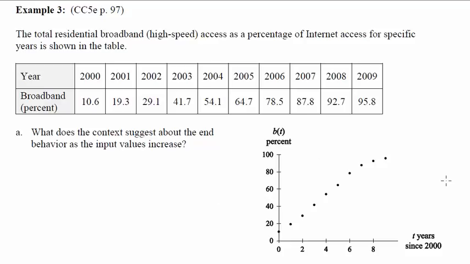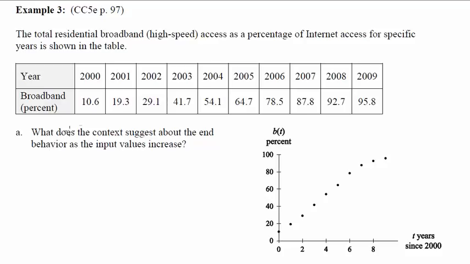The first question is, what does the context suggest about the end behavior? This is kind of what I was getting at with the first example. From the context, we see that there is a clear lower limit: at some point, 0% of people had broadband, before broadband was a thing.